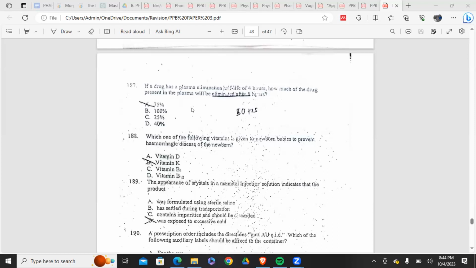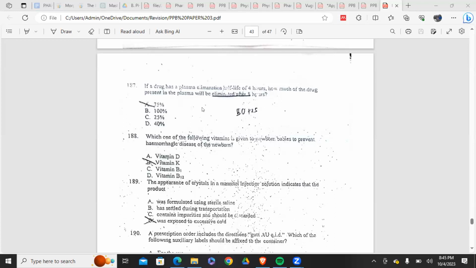I can't remember. I found the formula: half-life is equal to 0.693 times volume of distribution over clearance.